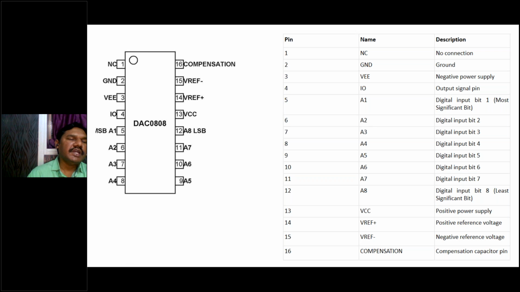Because the ADC 0808 has 8 inputs and 8 outputs, but here we have 8 input lines and only one output line at the 4th pin, the output current or V0.